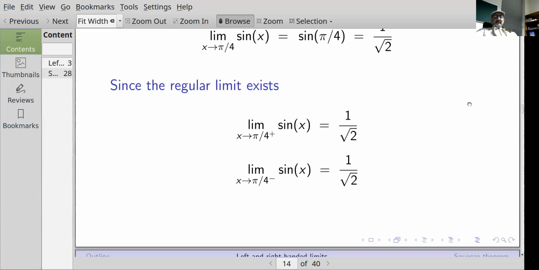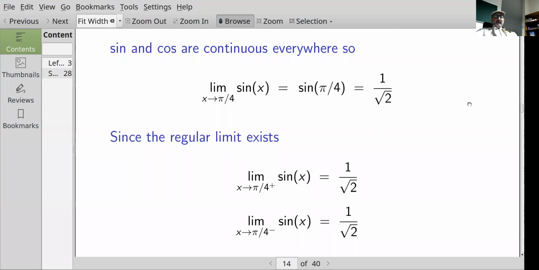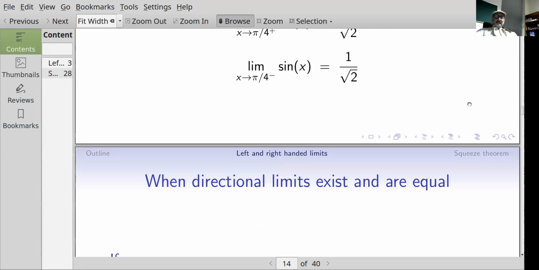Okay, since the regular limit exists, the two directional limits must also exist at that point, and they must be equal to the regular limit. So the limit as x goes to pi over 4 from the right of sine of x is equal to 1 over root 2, and the limit as x goes to pi over 4 from the left of sine of x equals 1 over root 2.